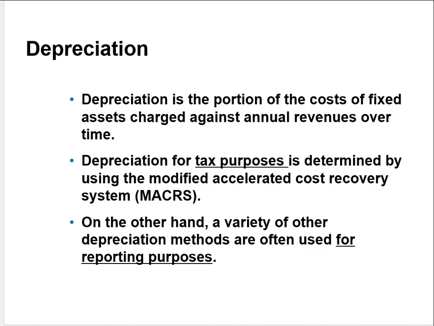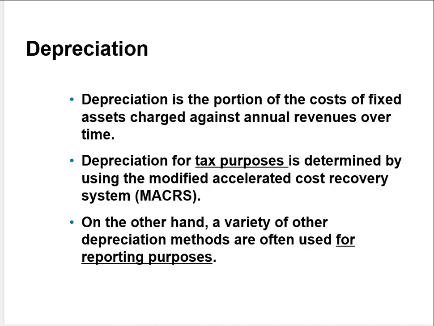There are a series of items that fit into this challenge. The one that's most prevalent is called depreciation. This is the proportion of costs that are charged against revenues over time.